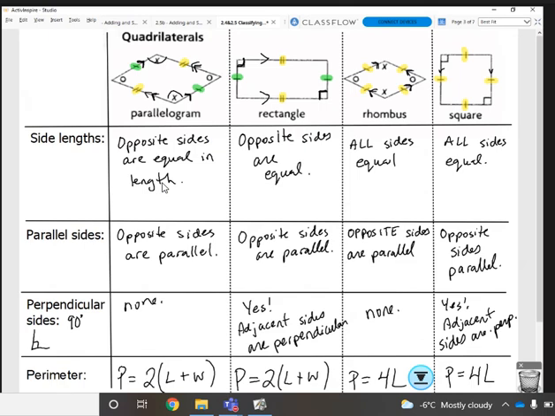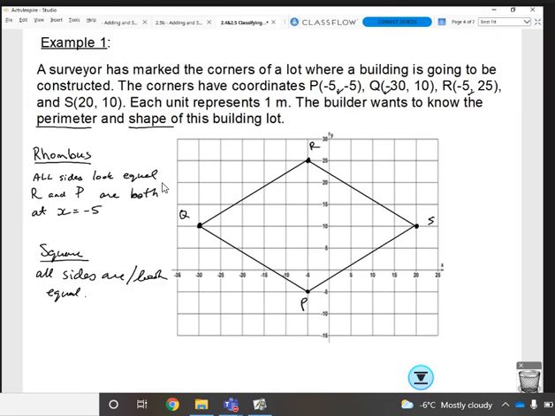So what we're going to have to do is not only calculate all the side lengths, but also calculate the slope of each line. Now, when we calculate the slope of each line, if there are any negative reciprocals, there are 90-degree angles, and that means it's a square. If there's no negative reciprocals, then we're in good shape.